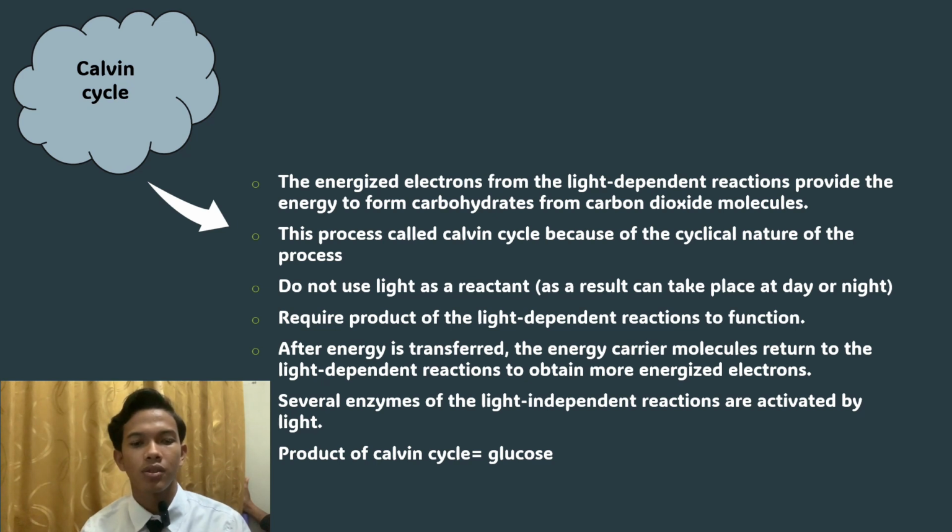This process also requires the products of the light dependent reaction to function. After energy is transferred, the energy carrier molecules return to the light dependent reaction to obtain more energized electrons. Several enzymes of the light independent reaction are activated by light, and the product of the Calvin cycle is glucose.